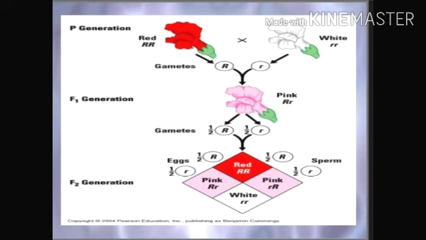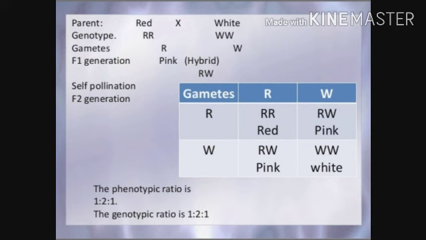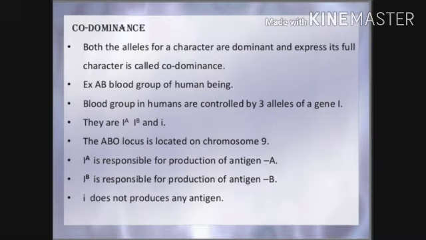That is showing incomplete dominance. After self-pollination, the offspring will be 1 red, 2 pink and 1 white. In this picture you can see the phenotypic ratio is 1:2:1 and the genotypic ratio is 1:2:1. Both are the same.